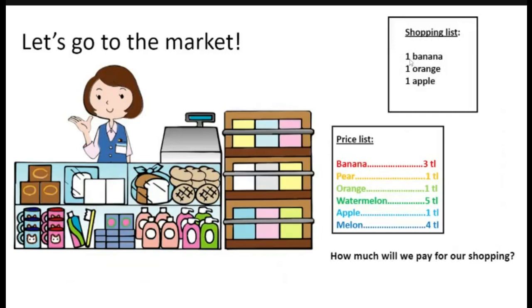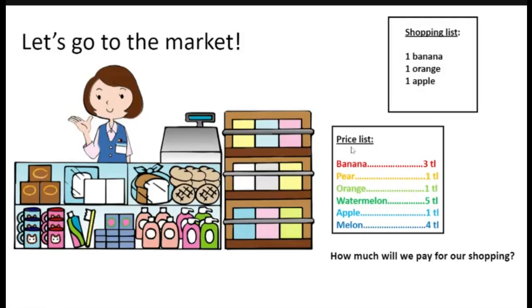So, we want to buy one banana, one orange, and one apple. Yes? So, how much does it cost all together? How much will we pay?